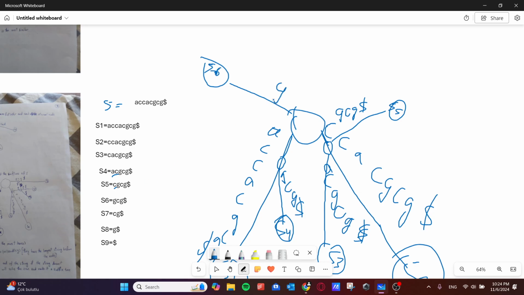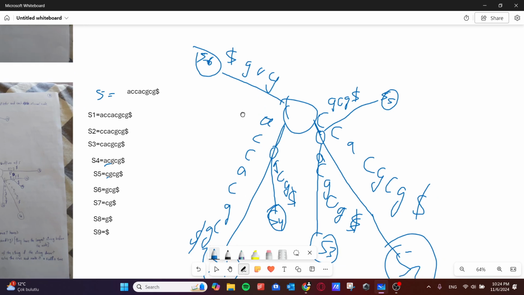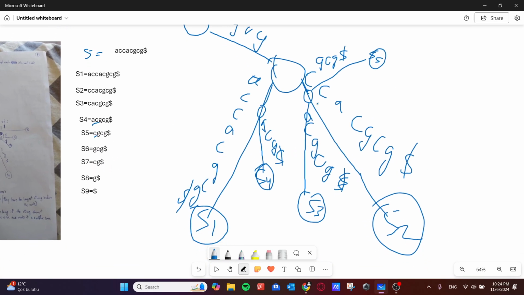I have G, C, G dollar sign. Here I have CG. Here I have C, as you can see. I have G here, so I put a node here because it's CG, then dollar sign, S7.